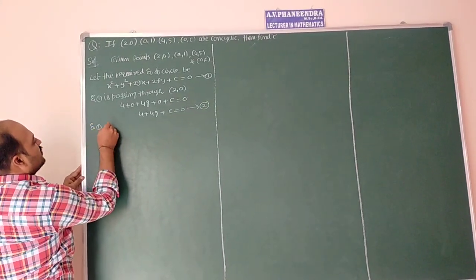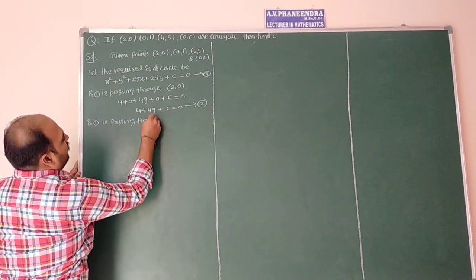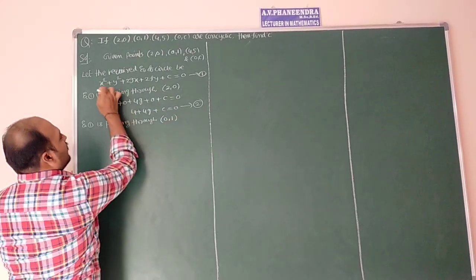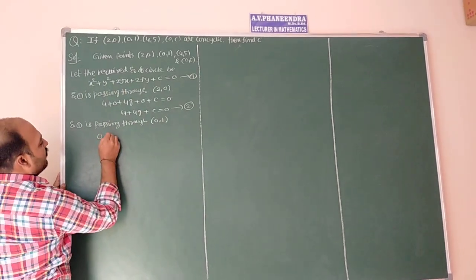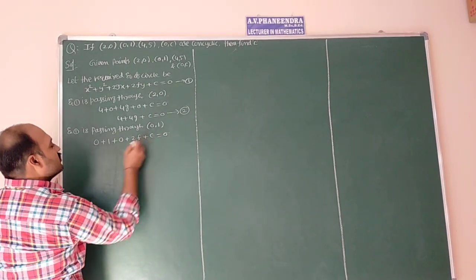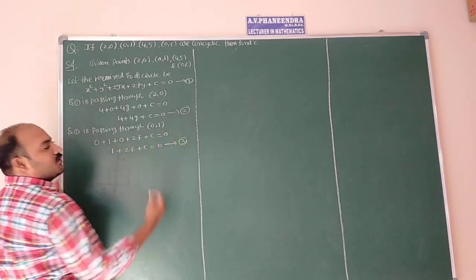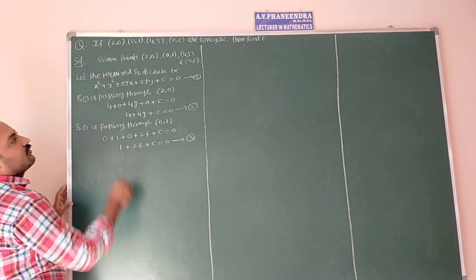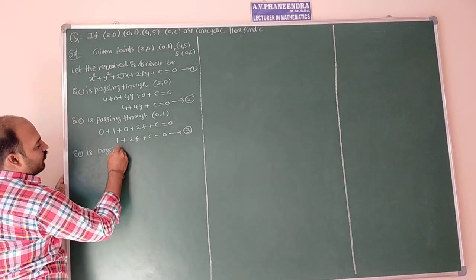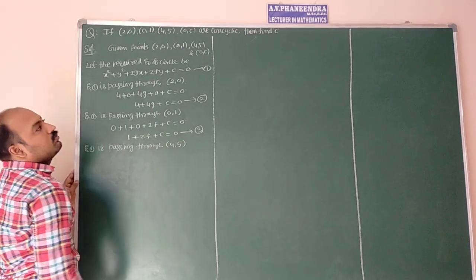Next, equation 1 is passing through 0, 1. So in place of x, y, 0, 1, substitute 0 plus 1 plus 0 plus 2f plus c equal to 0. So 1 plus 2f plus c equal to 0. Equation number 3. After that, the third point, equation 1 is passing through 4, 5.